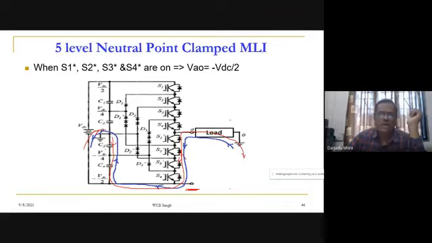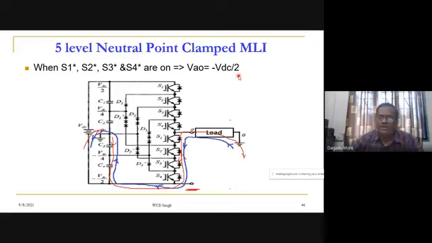And these two capacitors C3 and C4 will supply or take the energy, and that's why our voltage level will be minus VDC by 2.